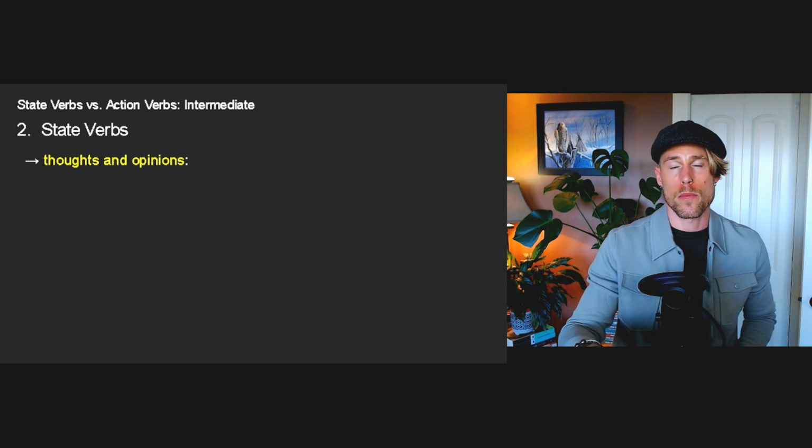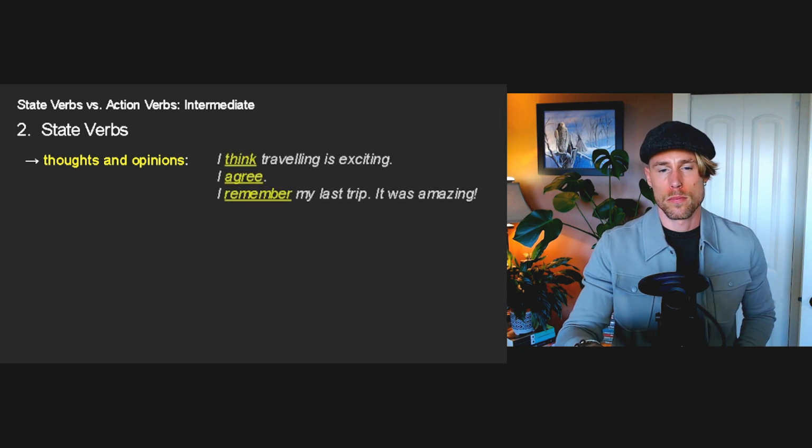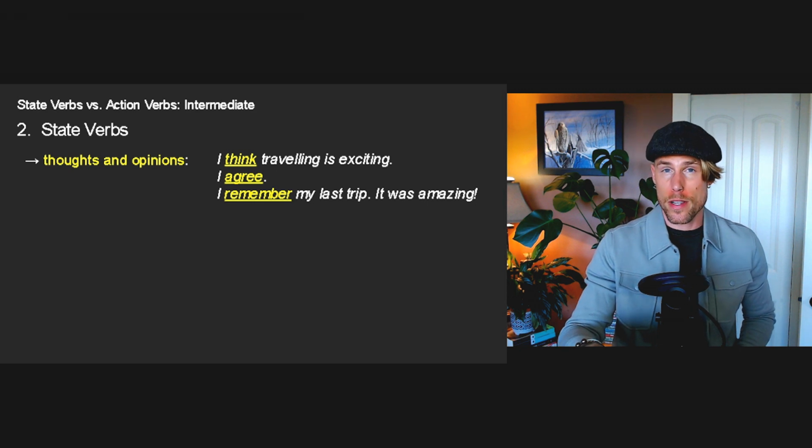Okay, let's look at thoughts and opinions. And I'm going to use yellow as a color here to show you the verbs. So we have 3 verbs: think, agree, remember. I think traveling is exciting. I agree.